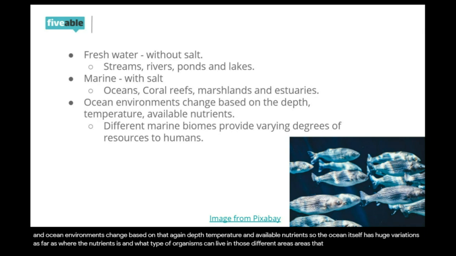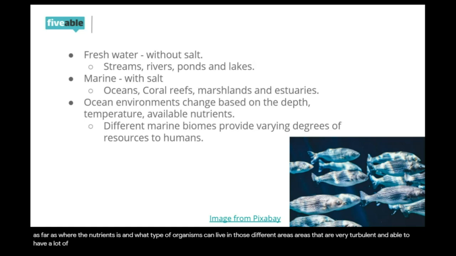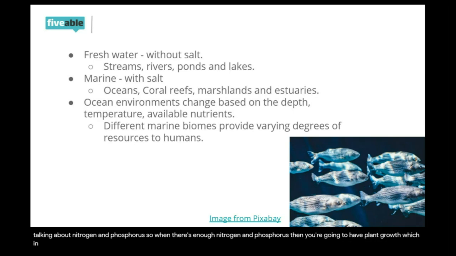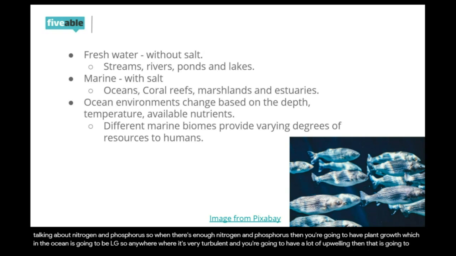Areas that are very turbulent and able to have a lot of upwelling, where nutrients, and when we say nutrients, we'll get into this a little bit more later, but it's mostly we're talking about nitrogen and phosphorus. So when there's enough nitrogen and phosphorus, then you're going to have plant growth, which in the ocean is going to be algae. So anywhere where it's very turbulent and you're going to have a lot of upwelling, that is going to cause a lot of plant growth.